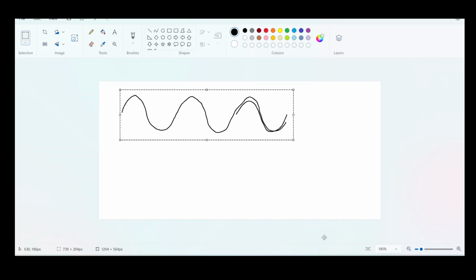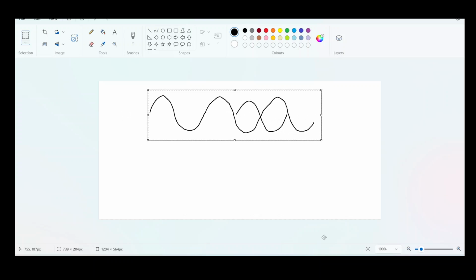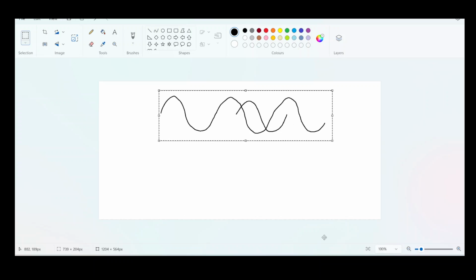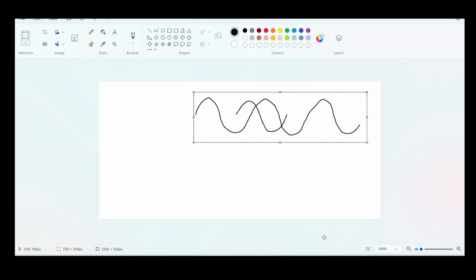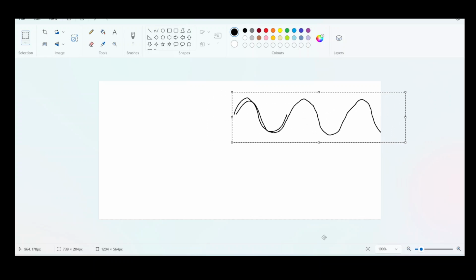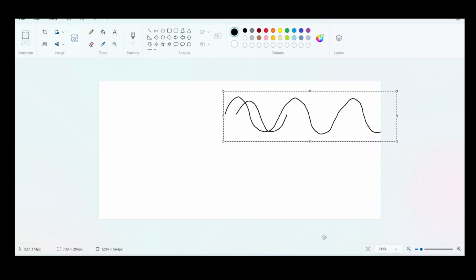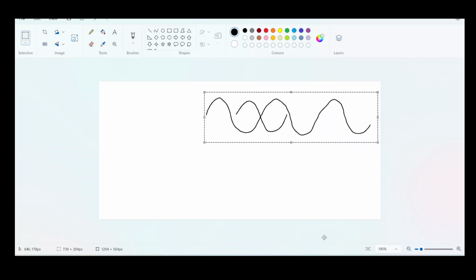But if a trough meets a crest and a crest meets a trough like this, then there will be a destructive interference. Destructive interference again. So you see, destructive interference can take place whenever the waves are meeting like this.